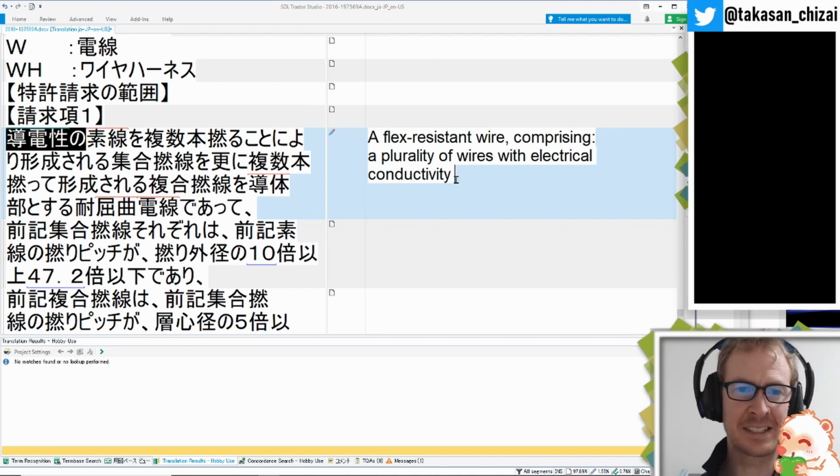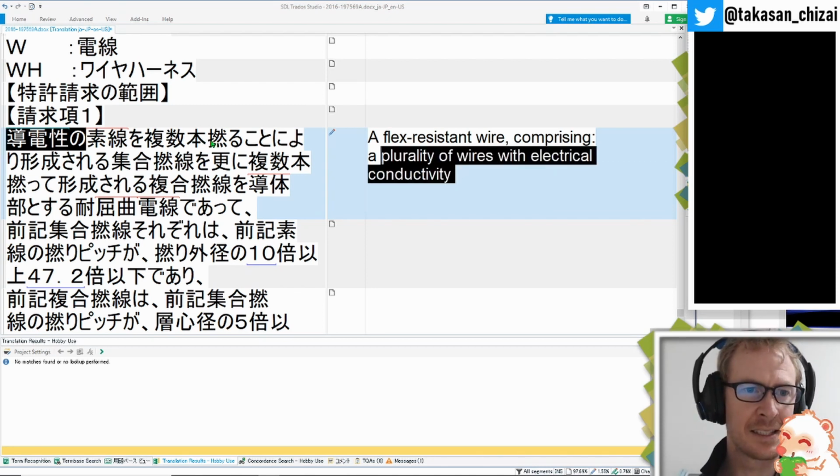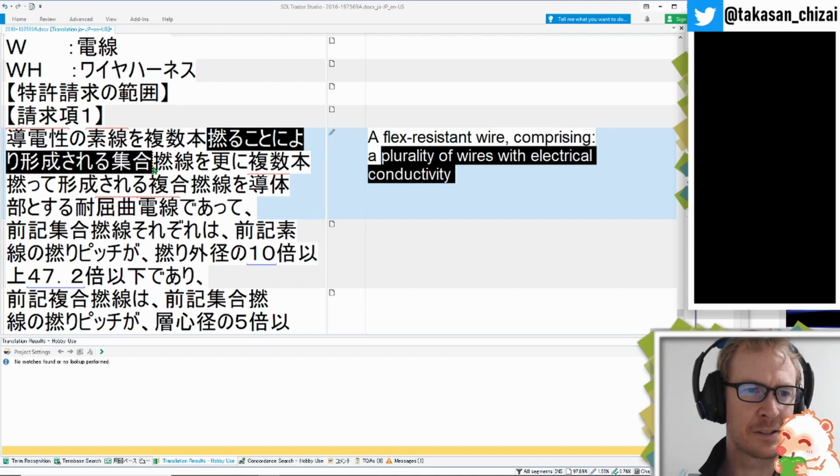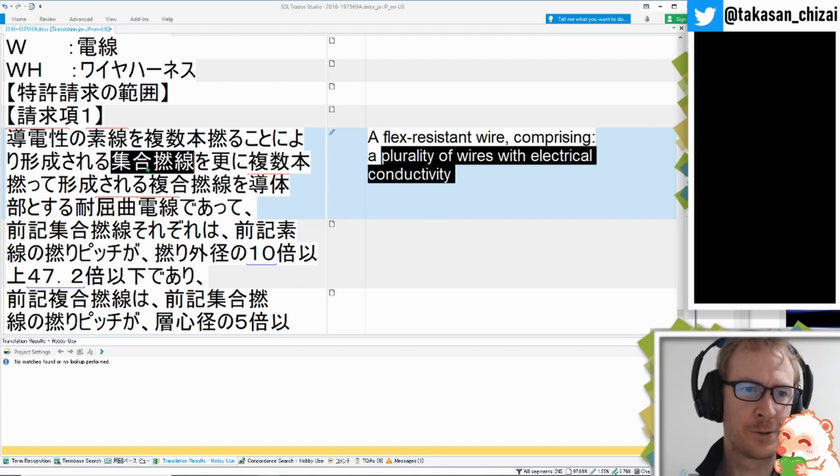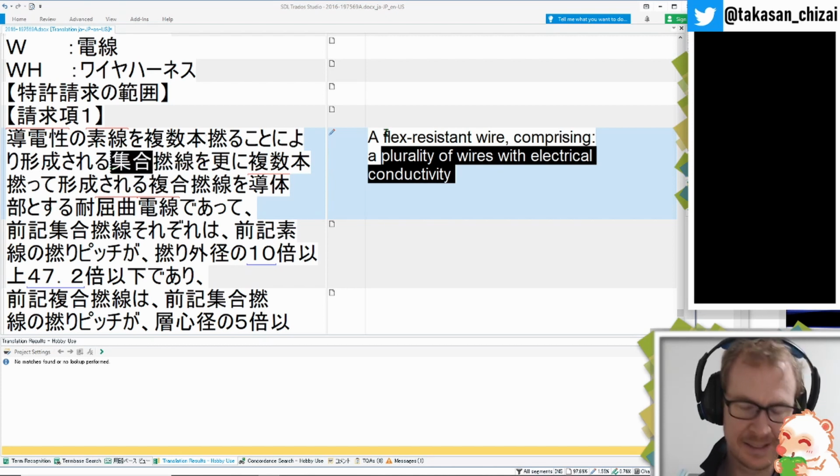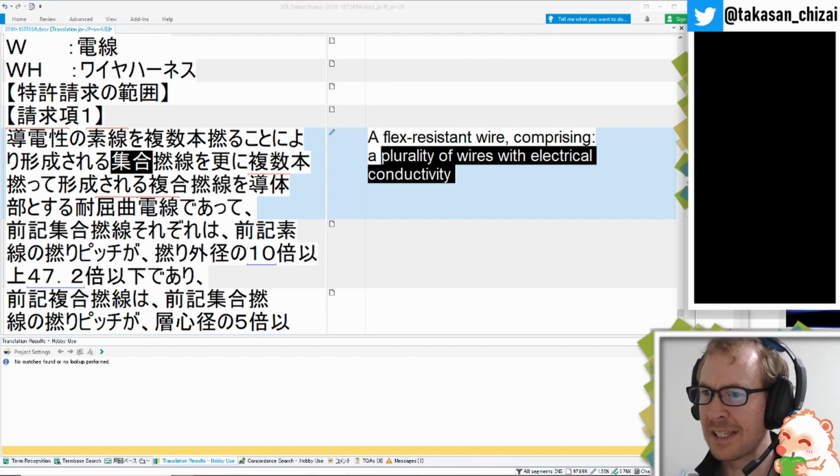Alright, so that's our first element. We have the plurality of wires, and they are twisted together to form this. Alright, shugo. I kind of just want to say bundled. What other words are there? Cluster, assembly.